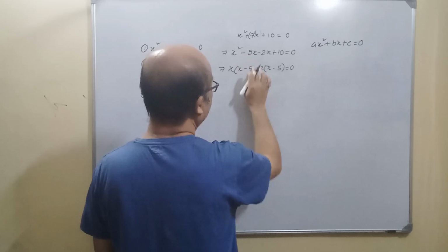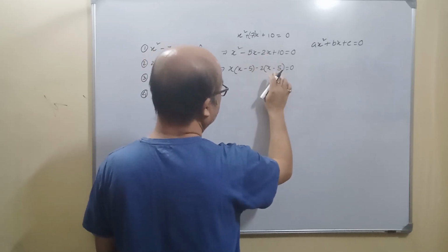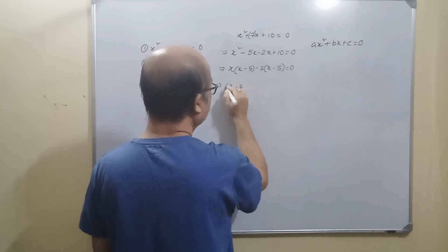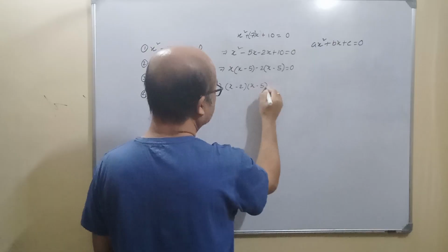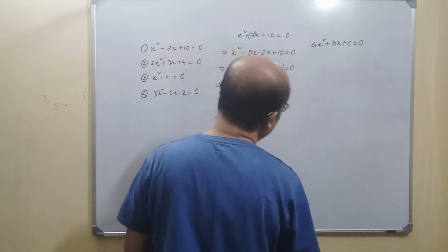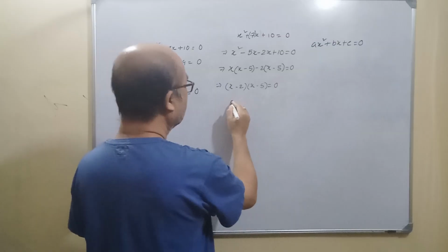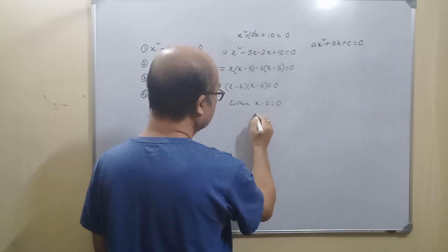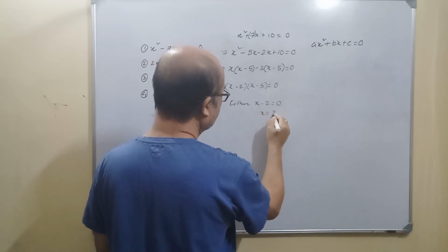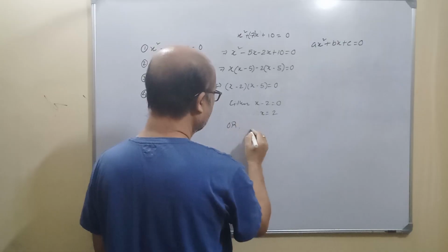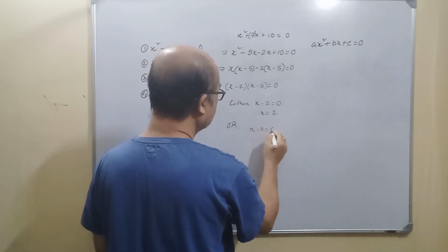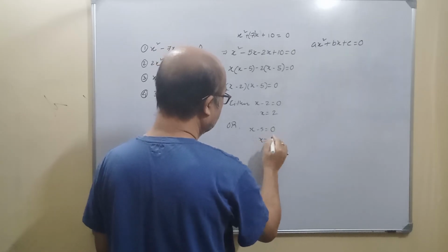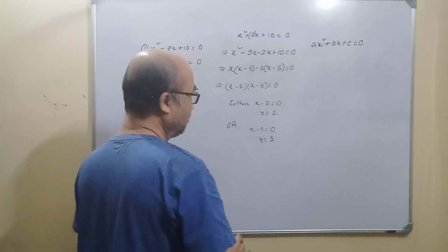Hence x minus 2 and x minus 5 is 0, which means either x minus 2 equal to 0, hence x can be 2, or x minus 5 is 0, hence x can be 5.